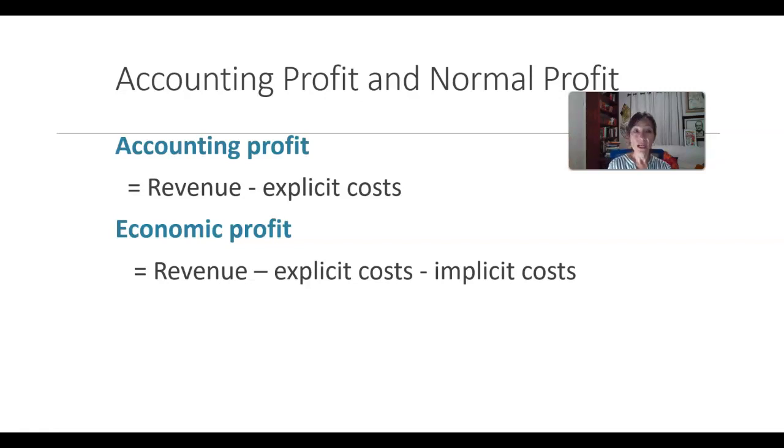Well, if you decide to start a business and you give up your day job, the income you would have had from that day job is your implied cost. You're using your home to run your business. Well, there's an implied cost when you use your home. It may not necessarily reflect in the accounting statements, but that cost is there. So for economists, we take our revenue minus the explicit cost minus the implicit cost, and that gives us economic profit.